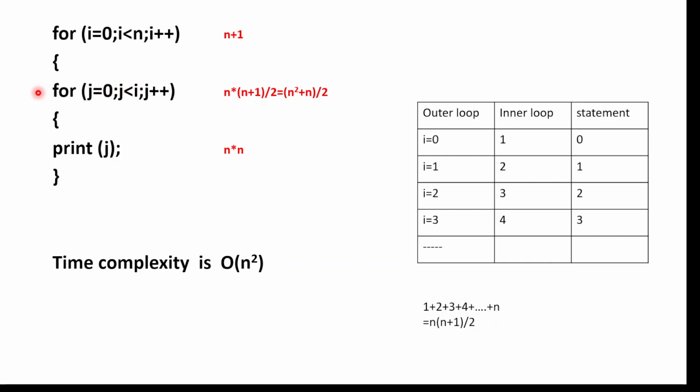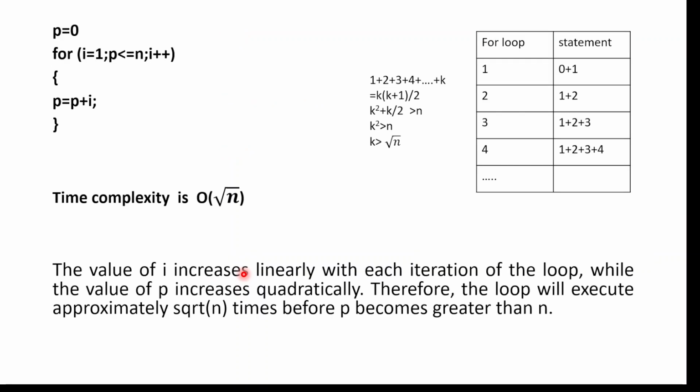So this for loop is executed n into n plus 1 divided by 2 times, which is n squared plus n by 2. The degree of the highest polynomial is n squared, hence the time complexity can be represented as order of n squared.